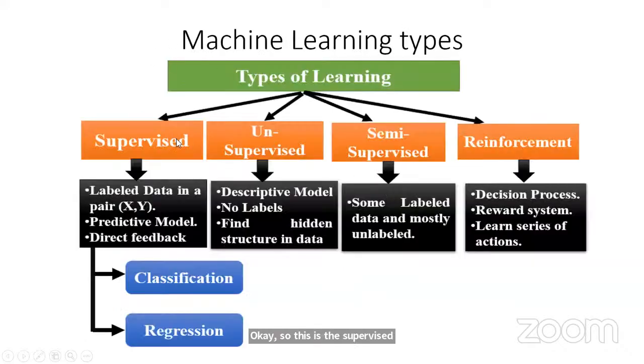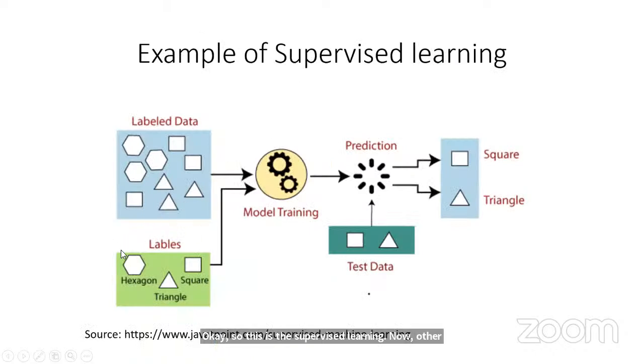Right? Now, other than supervised learning, we have unsupervised learning where there are no labels. These are not given. Only the data is given. Now, how will the model know that this 4 edges is a square? Model will not know that this 4 edges is a square, but model will know that these 3 shapes, 1, 2, and 3, are having the same structure. So they will group them into similar.